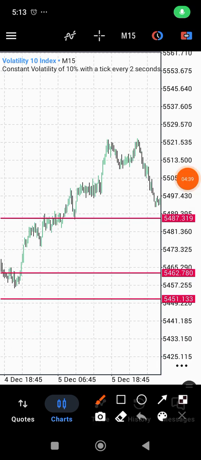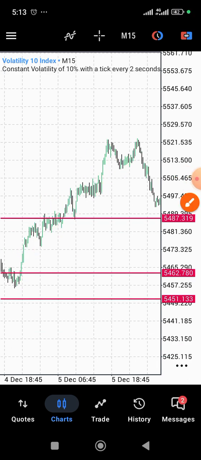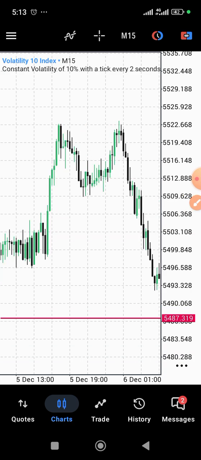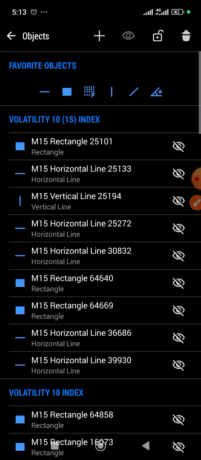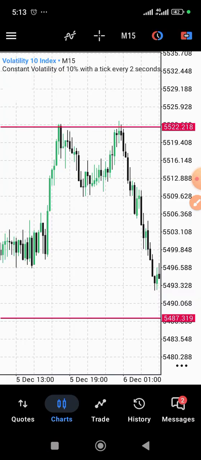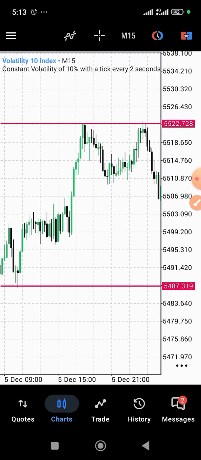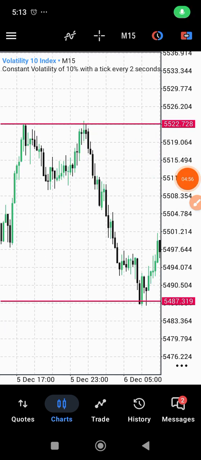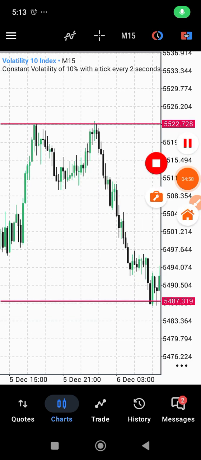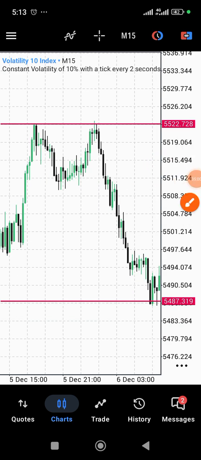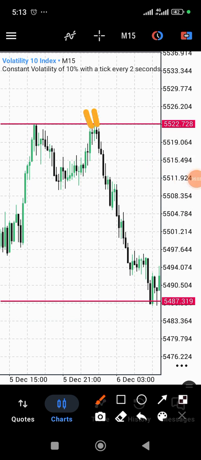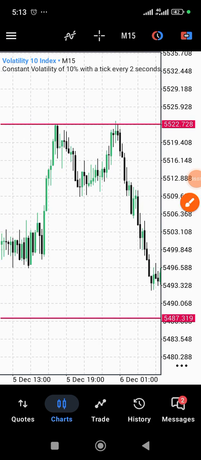So for this, the market was on an uptrend. The market came downwards. So this was actually a higher high. It went above this previous higher high.